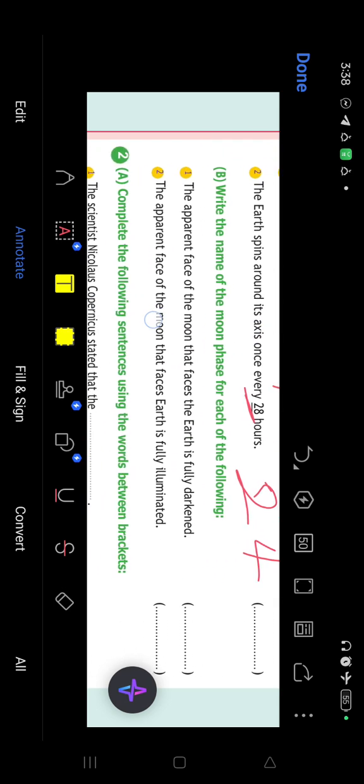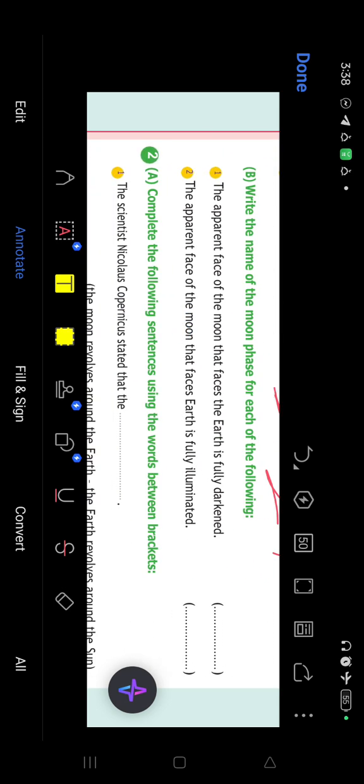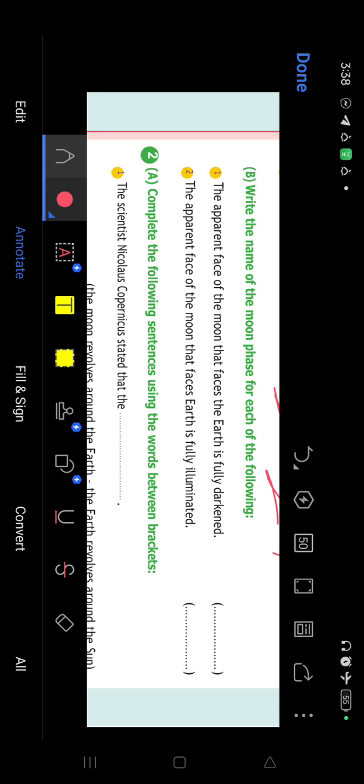Yes. Write the name of the moon phase for each of the following. This question needs the name of the moon phase. Focus, please. Number 1, the apparent phase of the moon that faces the earth is fully darkened. Fully dark. Remember?